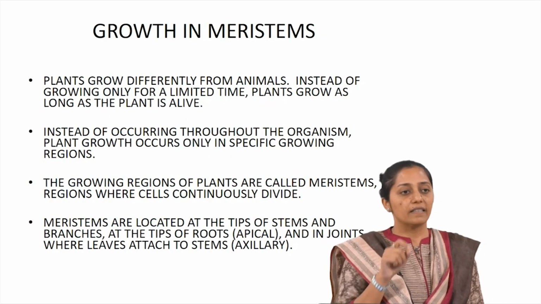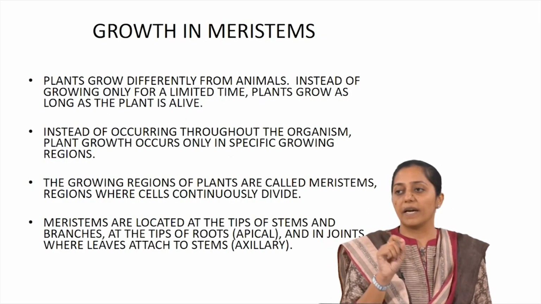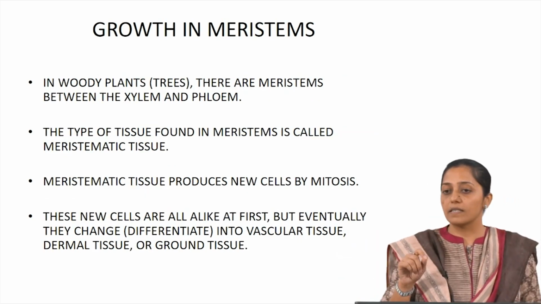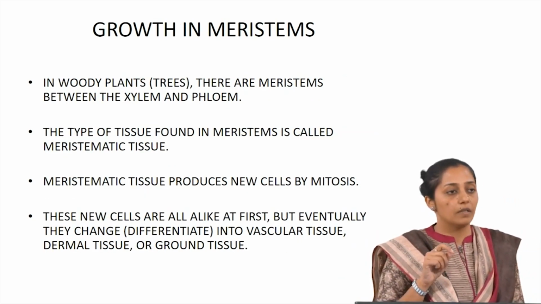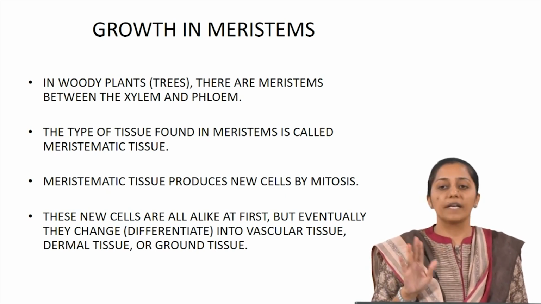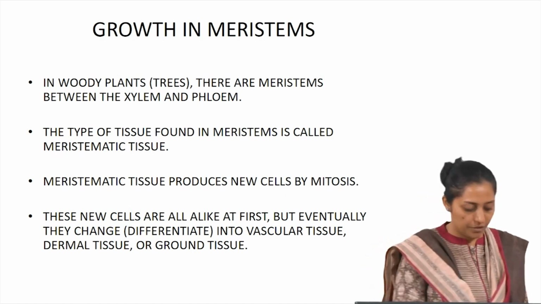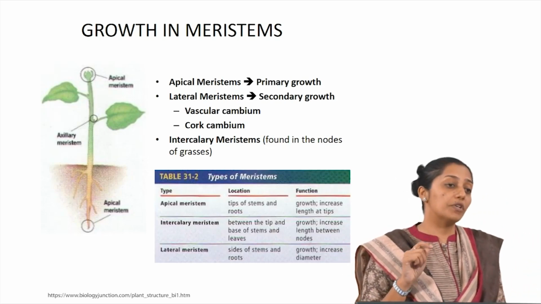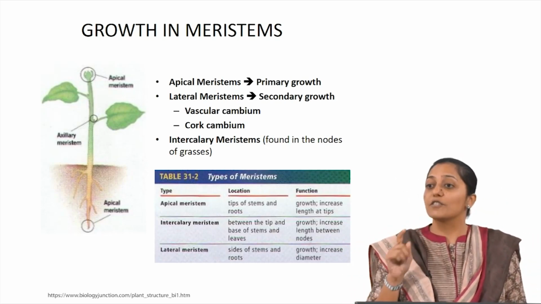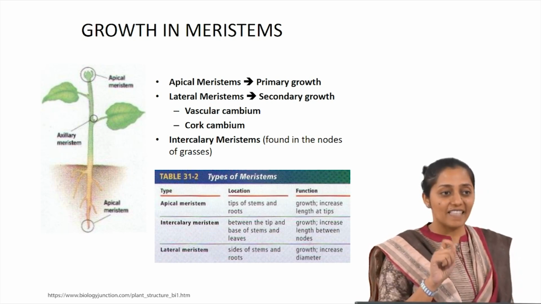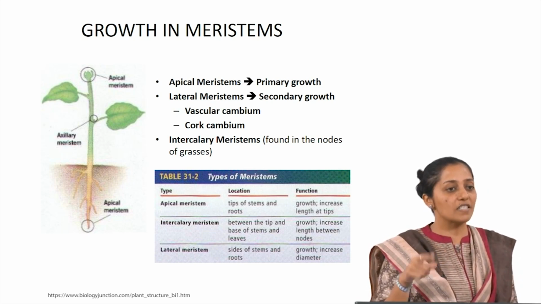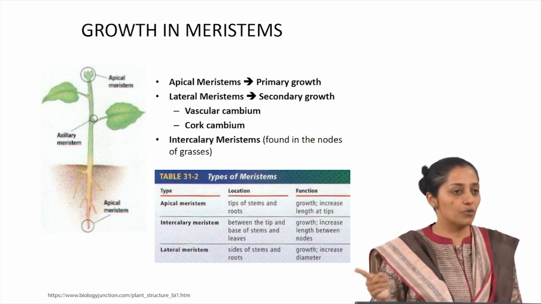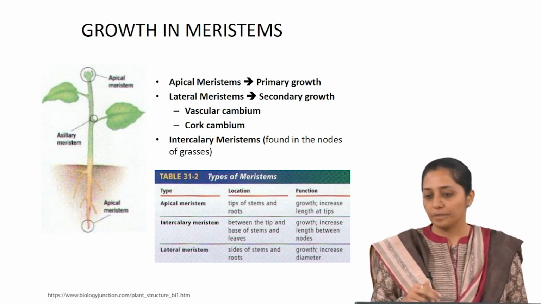As I said, it happens through the meristematic regions, that is what is there on this slide. And how do these meristematic tissues or meristems divide? It is through mitosis, simple cell division. When we talk about totipotency in plant cells, it is because of these cells which have the ability to continuously divide and then differentiate into different types of tissues or cells.